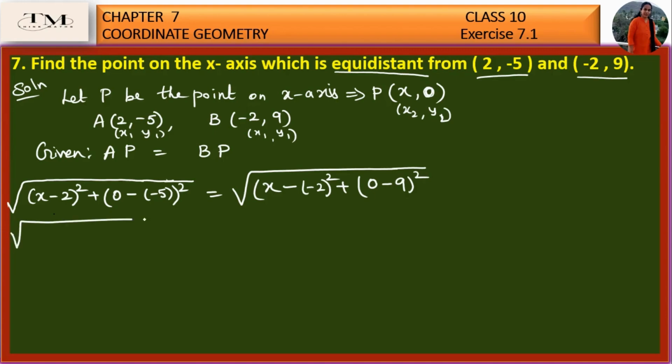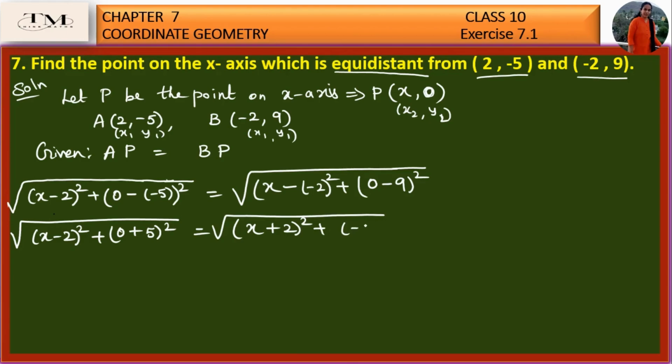So you will get x minus 2 the whole square plus 0 minus of minus is plus, so 0 plus 5 whole square, equal to x minus into minus is plus, so x plus 2 the whole square plus 0 minus 9 is minus 9 whole square.